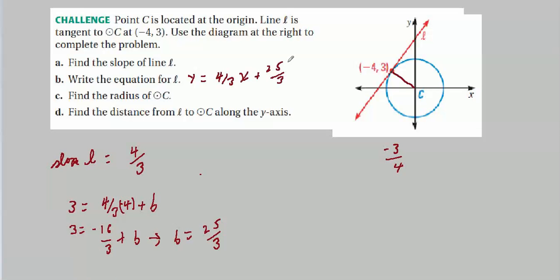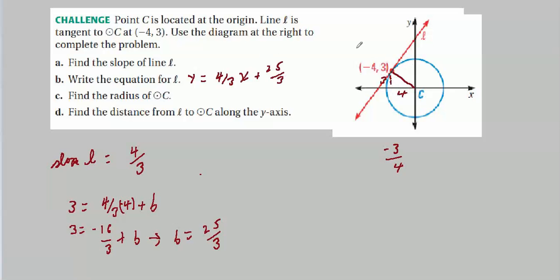What's the radius of c? Well, here's a radius I drew in right here. And this part here, well, we know that's 3, right? And this part, oh, the coordinate here is -4, but that means the distance from here to here is 4.